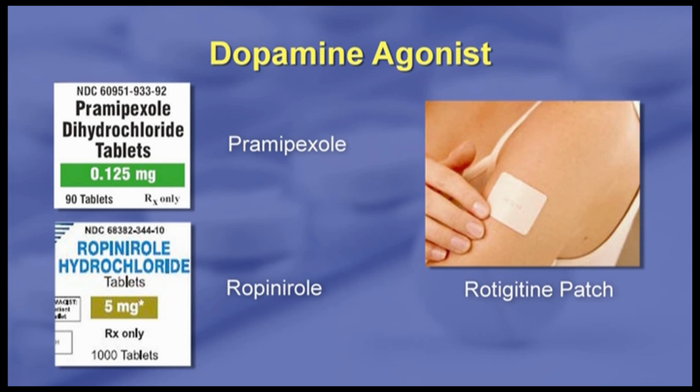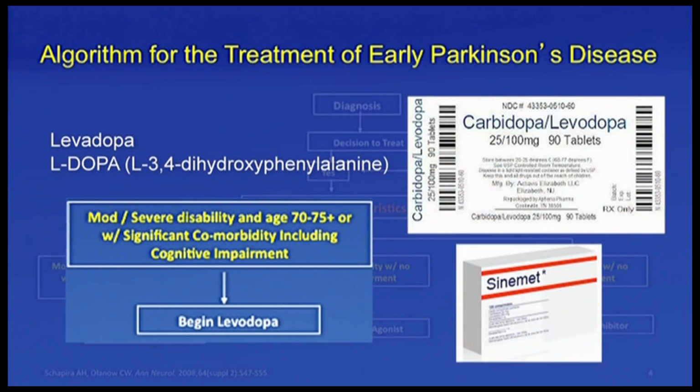But as the patient progresses, they're all going to need L-Dopa, and L-Dopa is the most effective drug we have. And for patients who are cognitively intact, have Parkinson's disease, who do well with L-Dopa and they're very responsive, we can later think about deep brain stimulation.